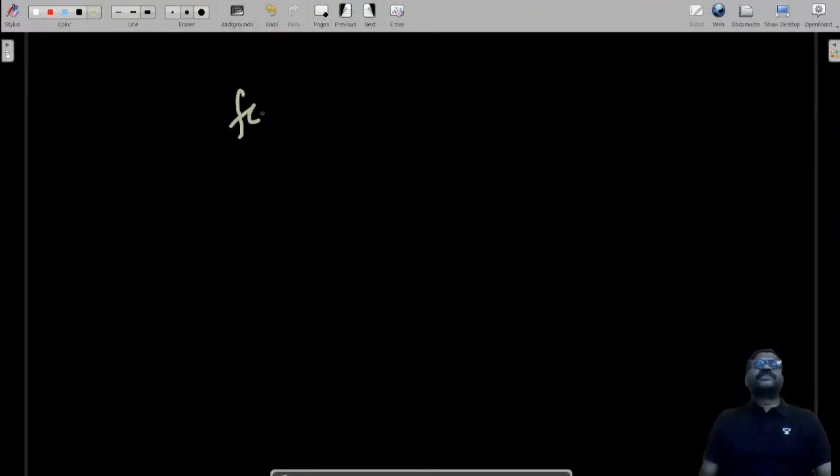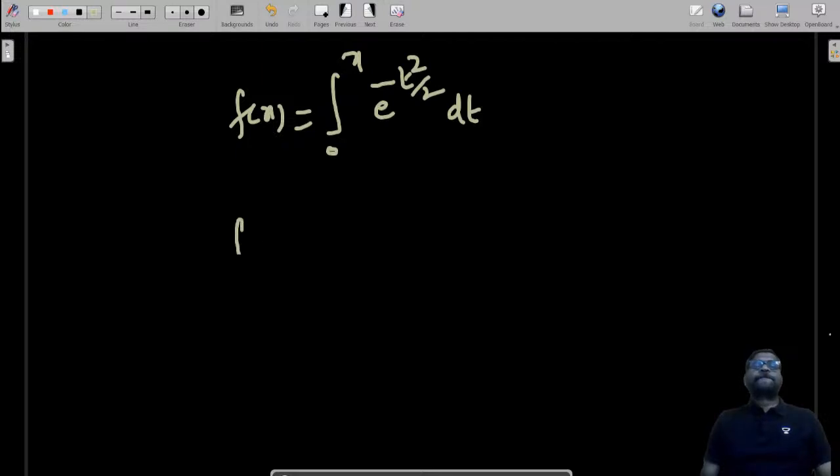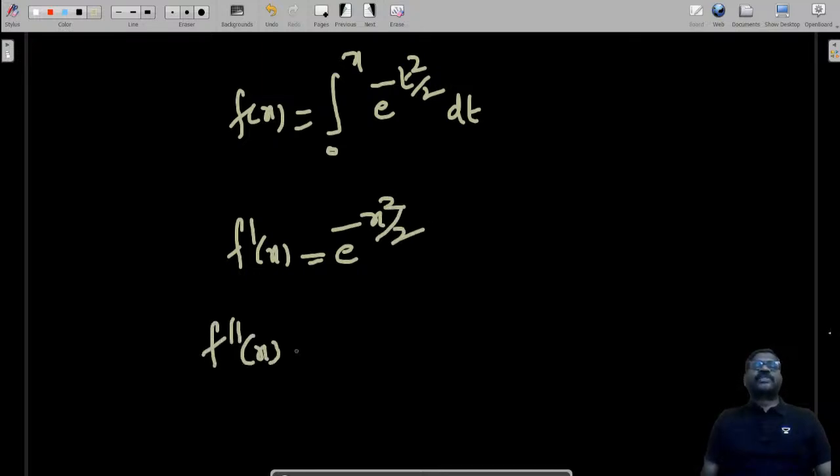Sir, f of x is integral 0 to x e power minus t square by 2 dt. F dash x is e power minus x square by 2.